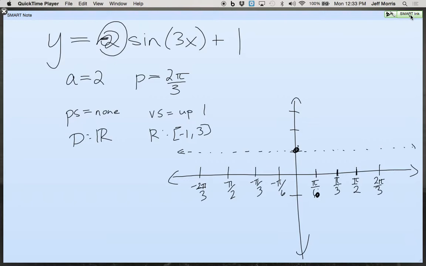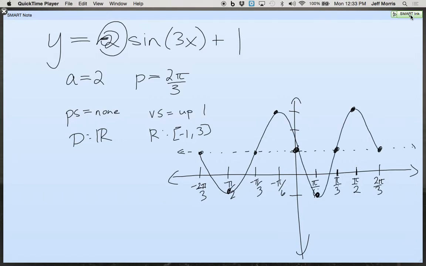Where's the next point? Middle. Where's the next one? Up 2. Back down to the middle. Go to your starting point. If I go back, it's going to go up 2, back to the middle, down 2, back to the middle, and then you sketch your graph.